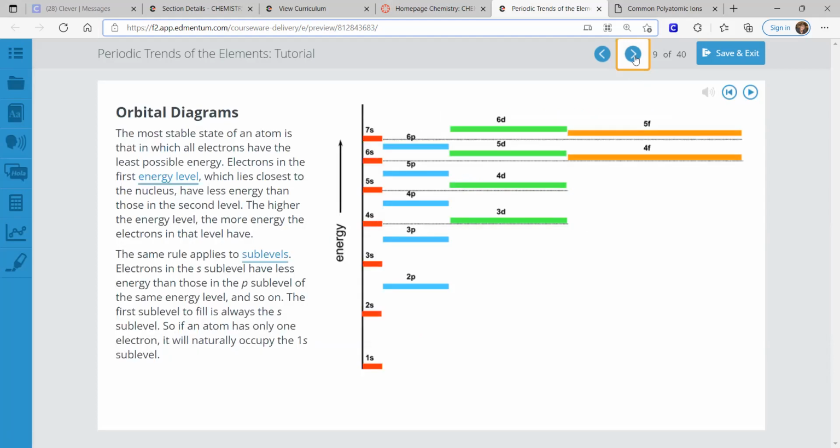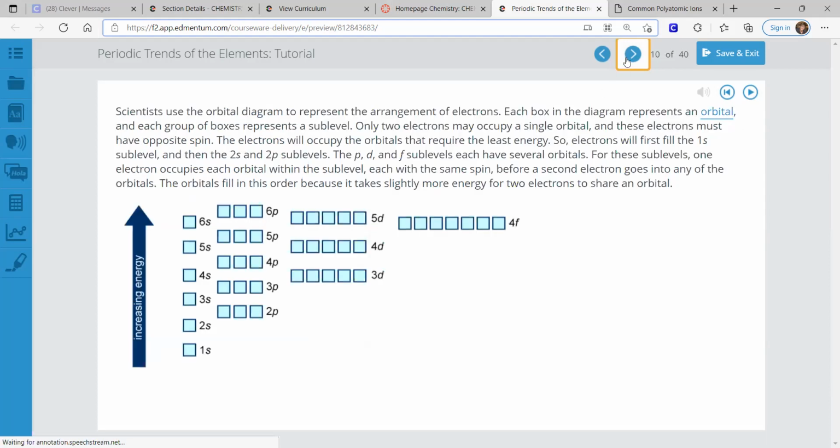This is an orbital diagram, and you fill up electrons starting at this level here: 1s, and then 2s, 2p, 3s, 3p, 4s, 3d, 4p, and so on. As you go up in the levels of the orbitals, the more energy they have, so they want to start out here in the most stable, least potential energy.